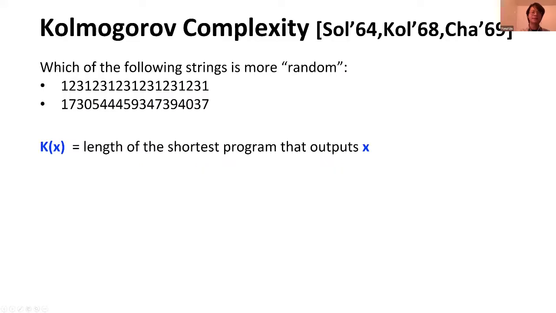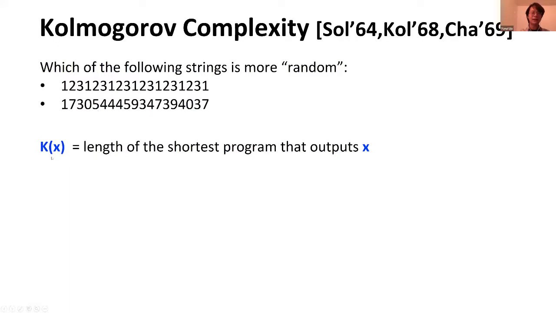Consider the following two strings. The first one is 1, 2, 3, 1, 2, 3, and so on. And the second one is 1, 7, 3, and so on. Which of the two strings is more random? The notion of Kolmogorov complexity is used to measure the amount of randomness in a fixed string.